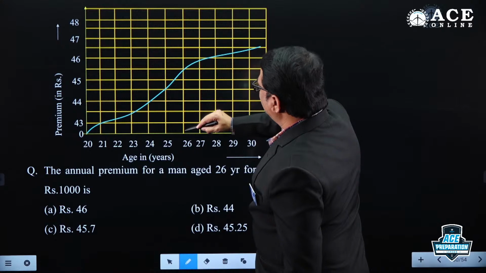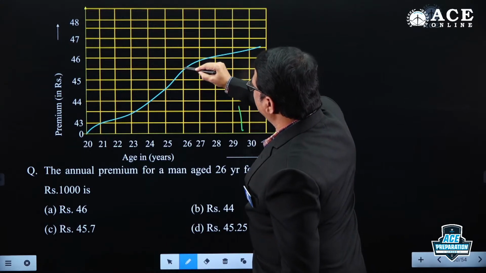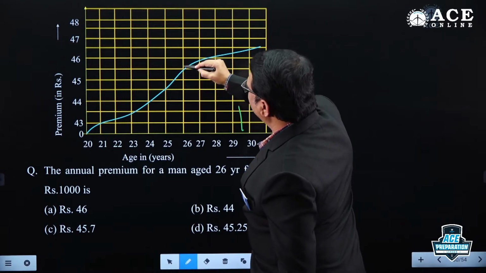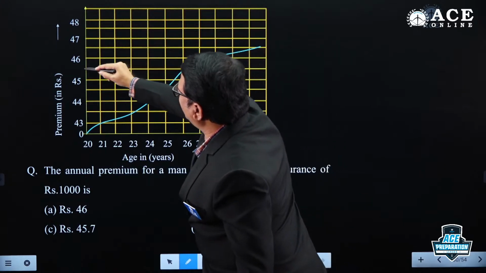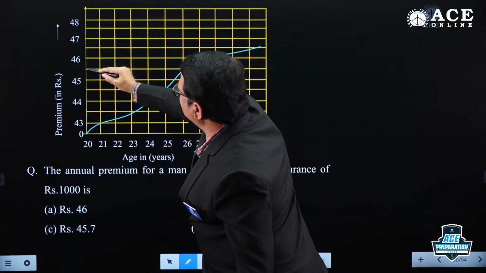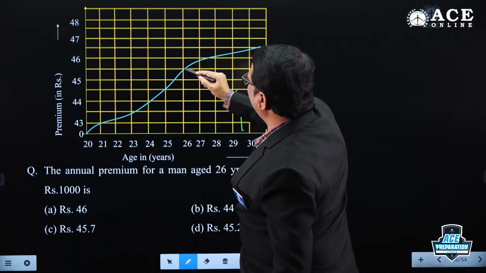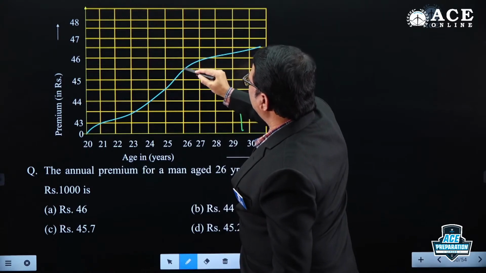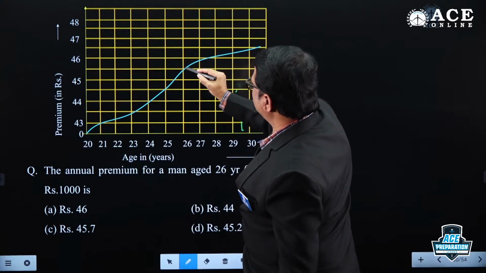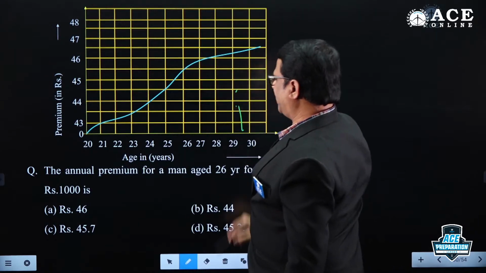Let us see 26. It is touching here, almost here. So what is this point? 45.5. This is 45, this is 46. So this point should be 45.5. This is slightly less than 45.5.